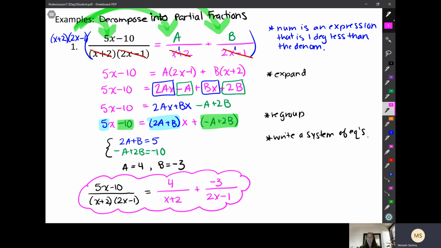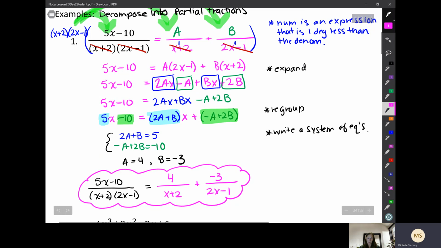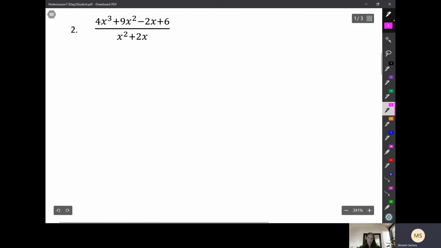That's the easiest kind that we have. Okay, let's look at number 2. The difference with problem number 1 and problem number 2 is the numerators. In problem number 1, the numerator degree was less than the denominator's degree.